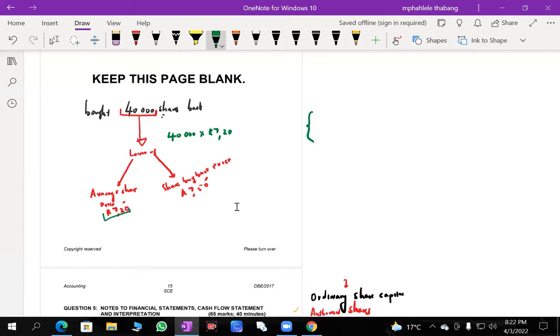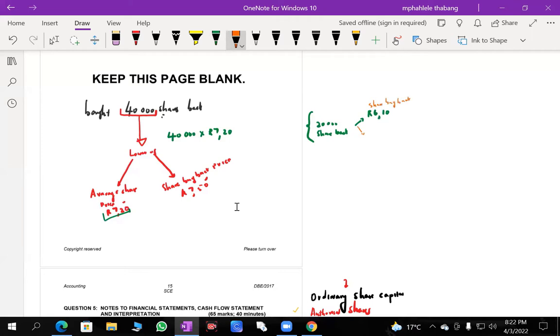Let's look at this situation. Let's say the company bought 20,000 shares back, and when they bought back these shares, they bought them at 6 rand 10 cents. This is the share buyback price.